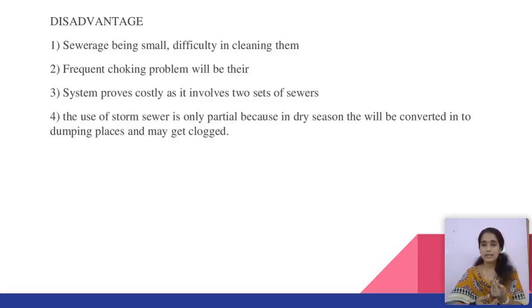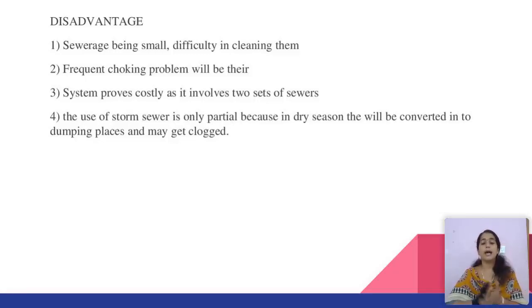Sewer pipelines are laid in two different pipelines, so the sewer pipeline system will be costly. The use of storm sewer is only partial, because in dry season it will be converted into dumping places and may get clogged.